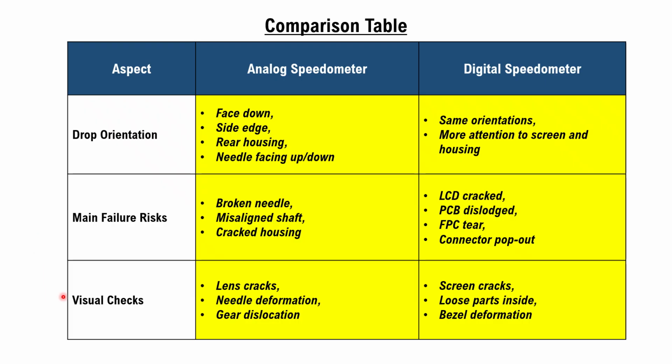Visual checks after drop test. For analog speedometer, it could be lens crack, needle deformation, and gear dislocation. Where in case of digital speedometer, it could be screen cracks, loose parts inside, and bezel deformation.